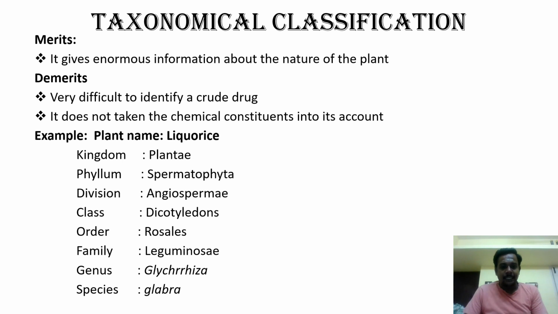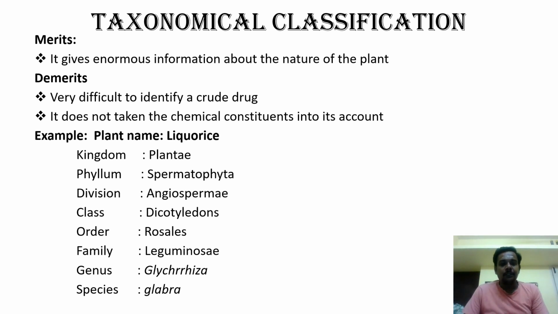So when the seed germinates and shows two cotyledons, that plant will be called dicotyledon. If it has only one cotyledon, it will be called monocot. Our plant licorice bears two cotyledons, so we kept it under dicotyledon class.